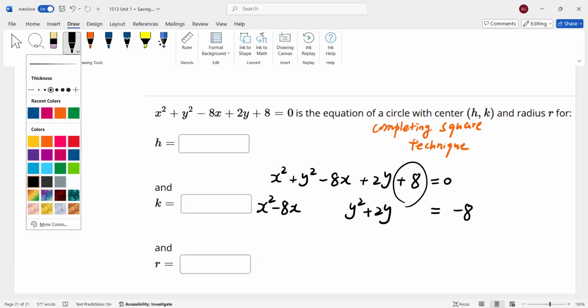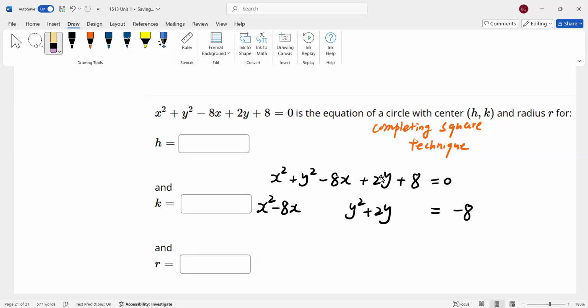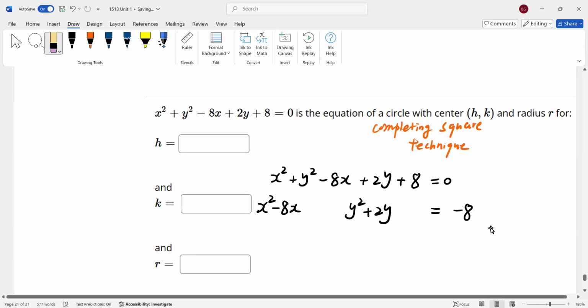When I teach Foundation 2, I teach a skill called transposition of terms. It says that we can move the terms around in the equation.